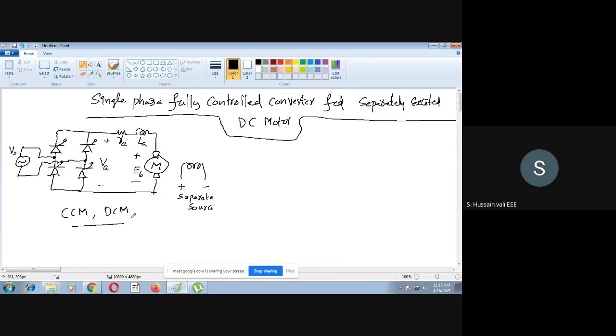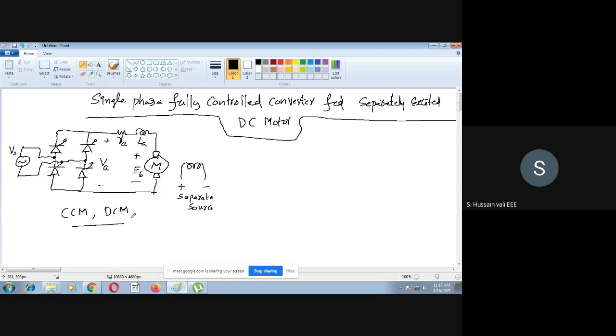Maybe it is increasing or decreasing, but the current remains a non-zero value always. That's the continuous conduction. Discontinuous conduction means that for a certain duration of the total time period, the current in the armature is zero. So there will be discontinuity in the current waveform, and that you call discontinuous conduction mode.